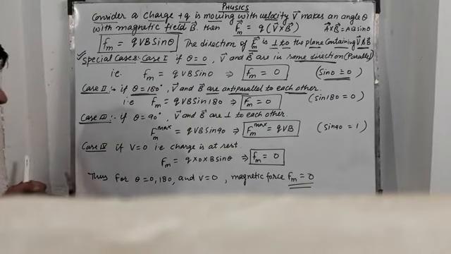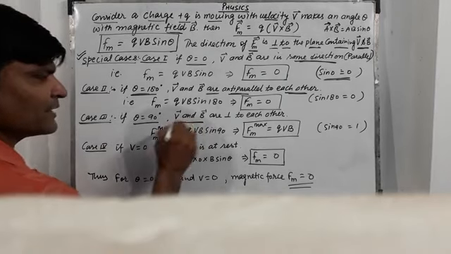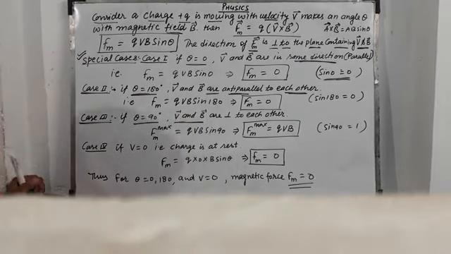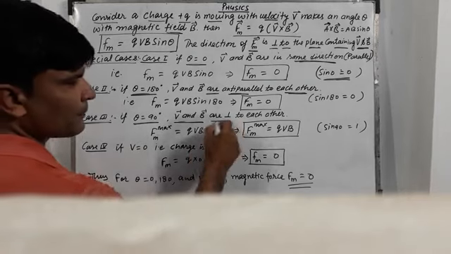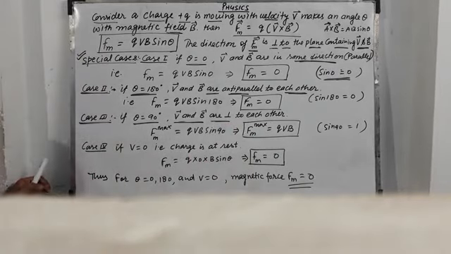Now in case third, if theta is equal to 90 degrees, this means v and B, means velocity and magnetic field, are perpendicular to each other.